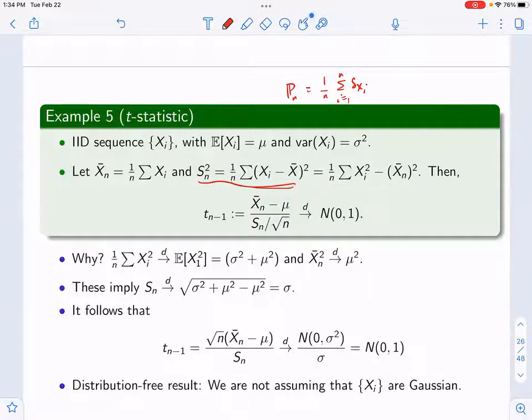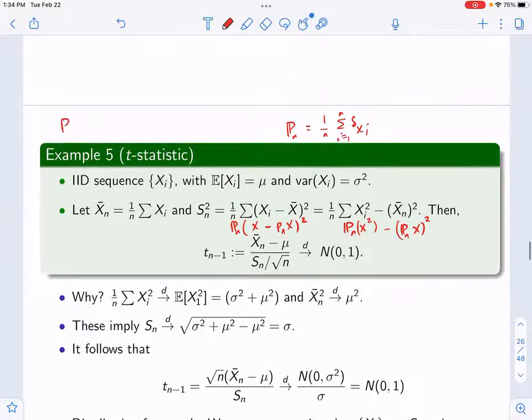Some people write this as Pn applied to (x minus Pnx) squared. This is like an expectation if you want. And this is like Pn applied to x squared minus (Pnx) squared. Think of Pn applied to a random variable as taking expectation under it.